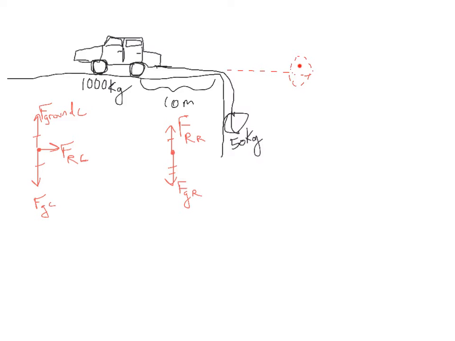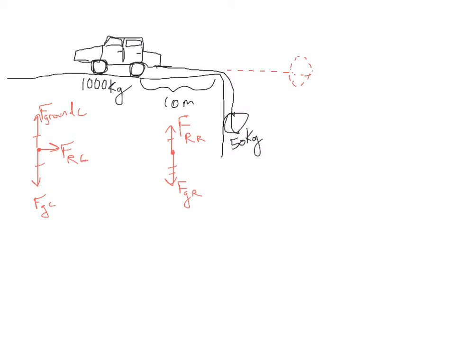This rock is being pulled this way by gravity, which means that this whole force diagram kind of needs to rotate around so that the force of gravity on the rock is not down, it's actually pulling this way, so that our rope isn't having a direction change at the edge of the cliff. It's just all straight out in one direction or one dimension.